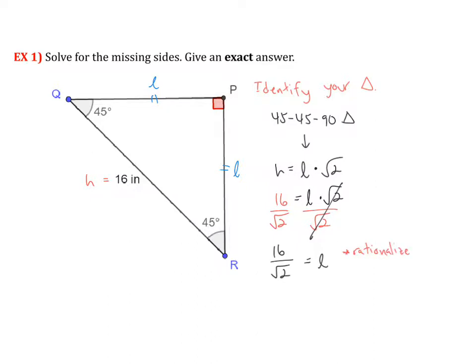I have a separate video on rationalizing, and I will link it down in the description box below, so feel free to take a look at that if you need a refresher on how to rationalize. In the meantime, I'm just going to skip right to our final answer, which is L equals 8 times the square root of 2. And that is my final answer. We have solved for both missing sides because, again, they are congruent.